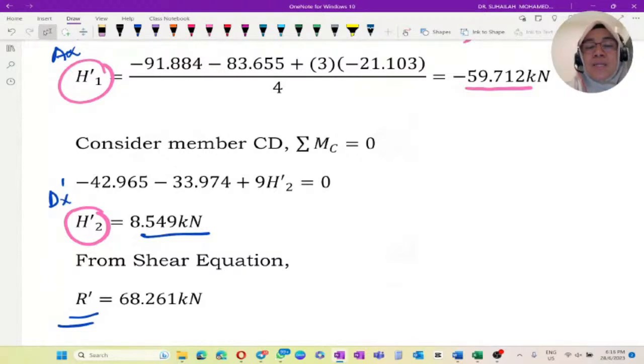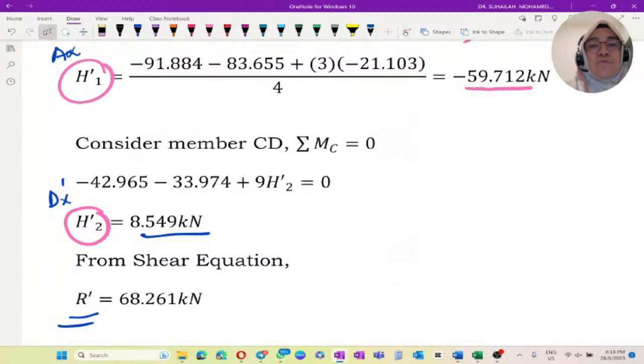Step 3C is to calculate the R prime value, because we need the R value and R prime value to calculate the correction factor. The correction factor will be used to calculate the final end moment, and the correction factor is equal to R divided by R prime.